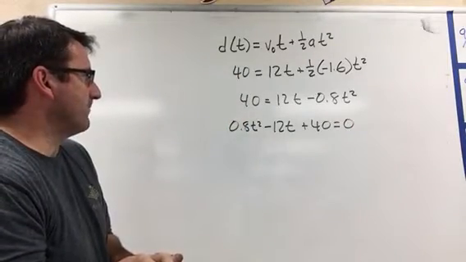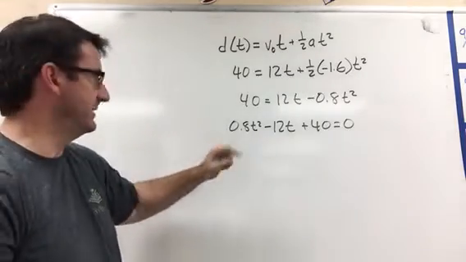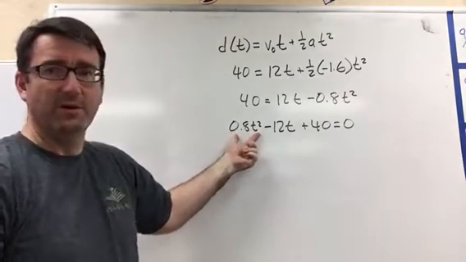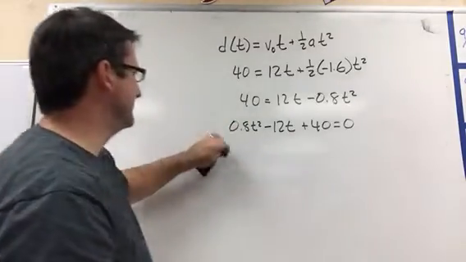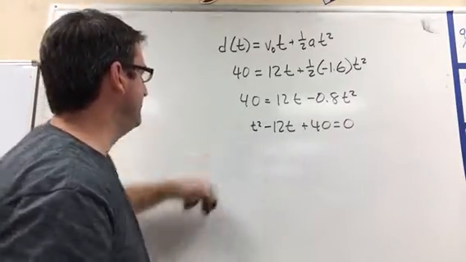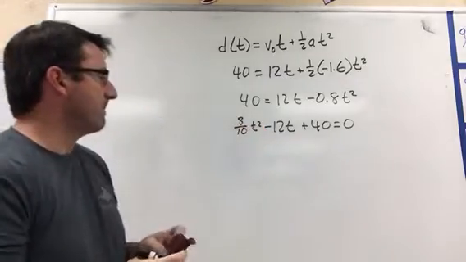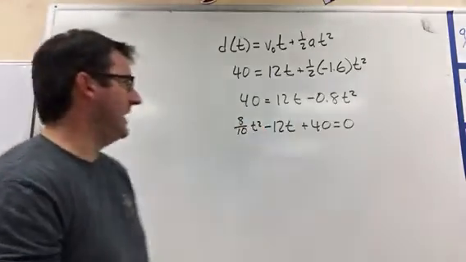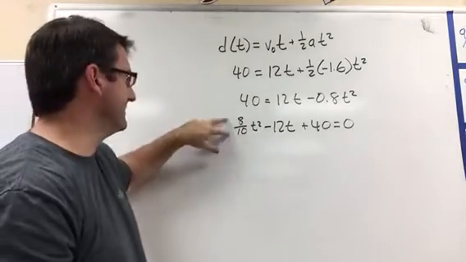All right, it would be really nice if this were a 1 here. Let me rewrite this. This is 8/10, let me just write it as 8/10. And then let's multiply this whole thing by the reciprocal of that, and that'll give us 1 here.